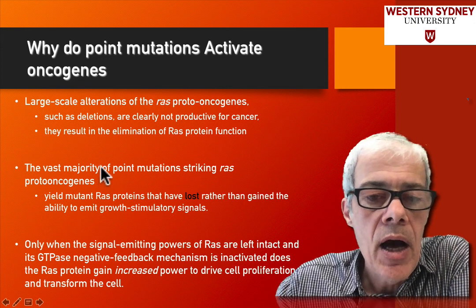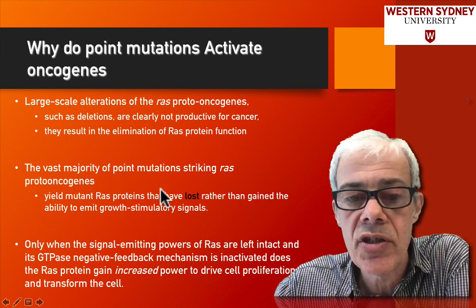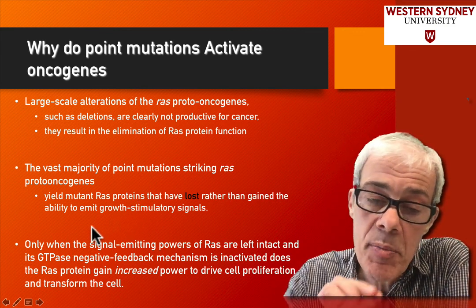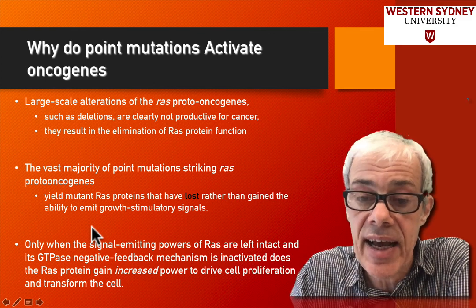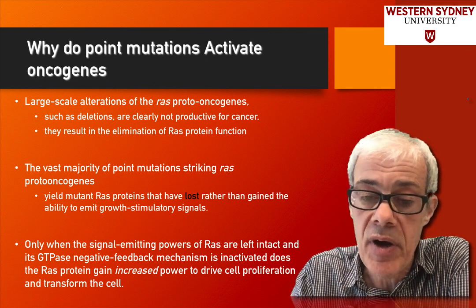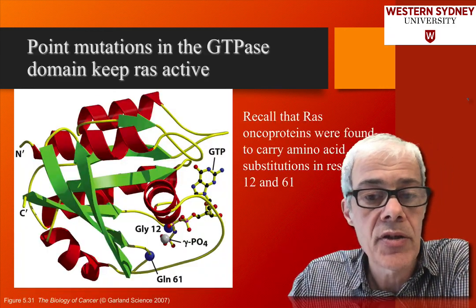So the vast majority of alterations that strike RAS will cause it to lose its growth stimulation. But there's a couple of key mutations that can occur, and these drive it to become a hyperactive protein.